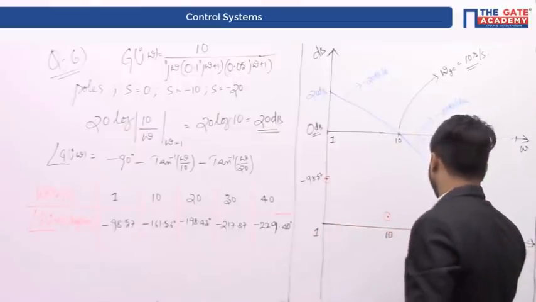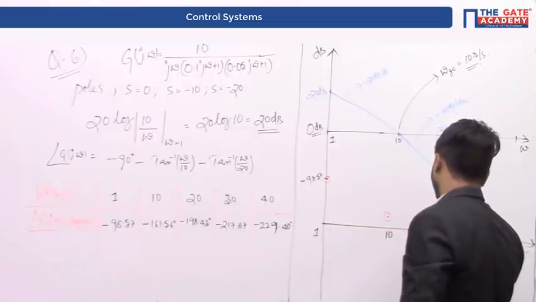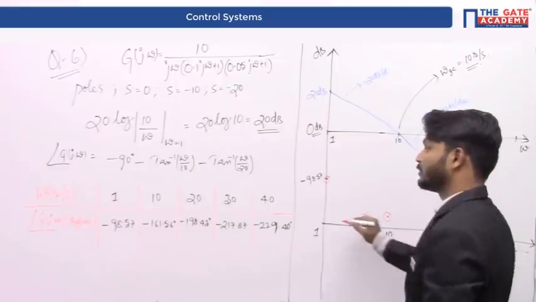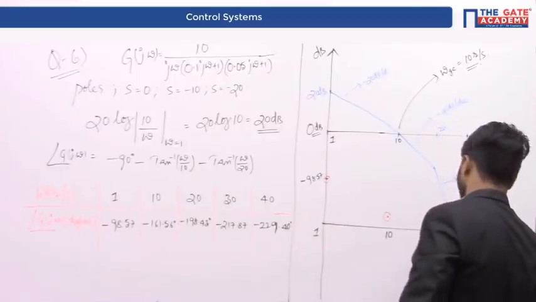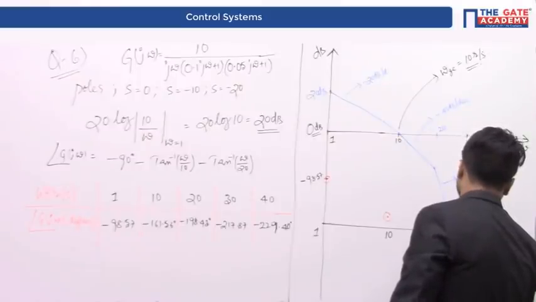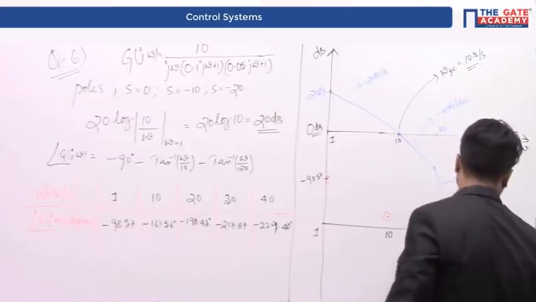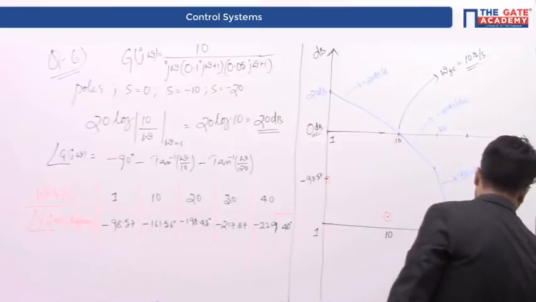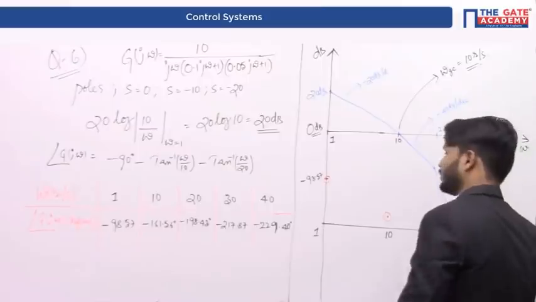At omega equal to 20, it is minus 198.43. At omega equal to 30, it is minus 217.87. At omega equal to 40, it is minus 229.40.